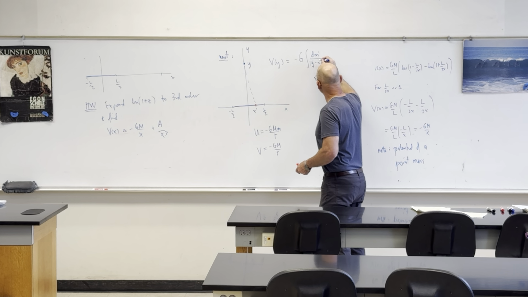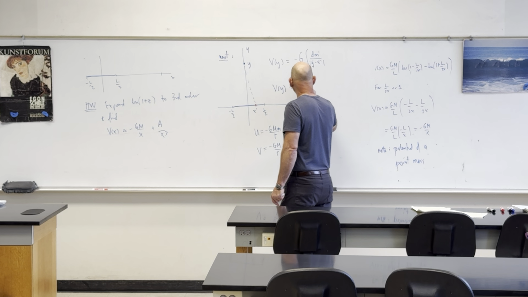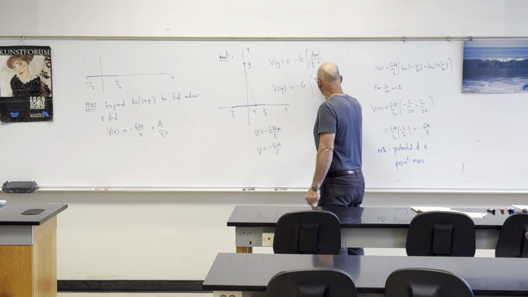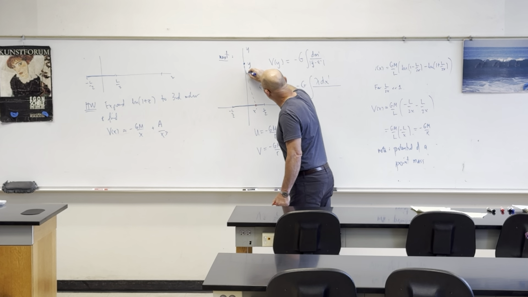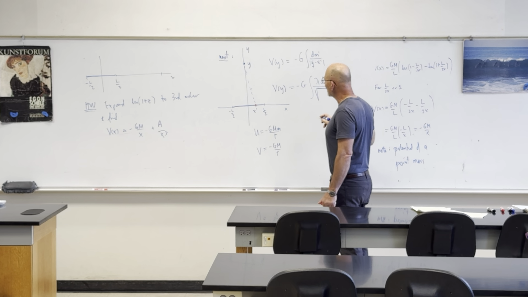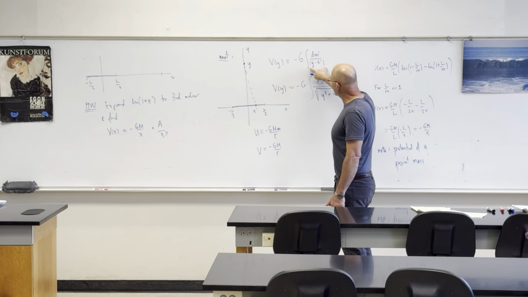We need that hypotenuse. So this will work: we've got minus G, integral lambda dx prime. And what's the distance along my little dotted line here? That's the square root of x prime squared plus y squared. That's more like it. This was just indicating the distance between these two points.